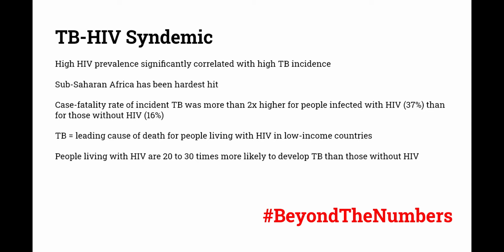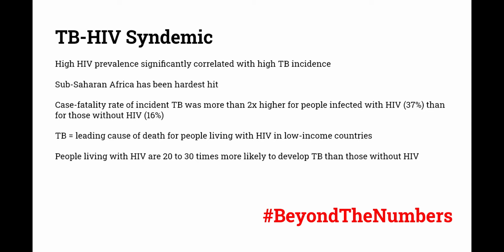Sub-Saharan Africa has been the hardest hit in the world with this syndemic. Case fatality rates of tuberculosis were more than twice as high for people infected with HIV than those without HIV. So, with HIV, you're much more likely to be infected with tuberculosis. Tuberculosis is actually the leading cause of death for people living with HIV in these regions.